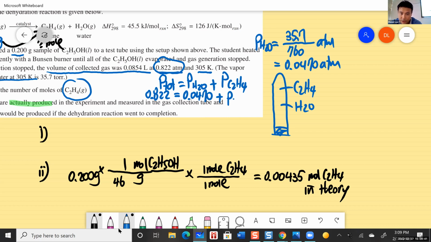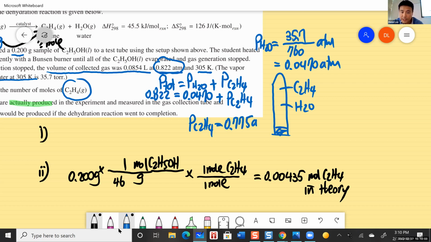And you can find out the pressure of C2H4. If you solve for C2H4, that is the pressure you plug into PV equals nRT. 0.822 minus 0.047, so it's 0.775.